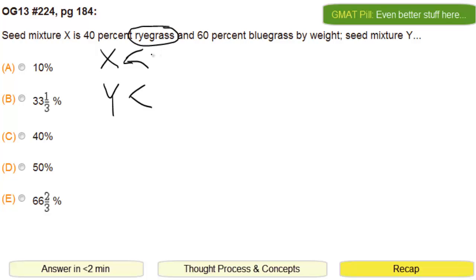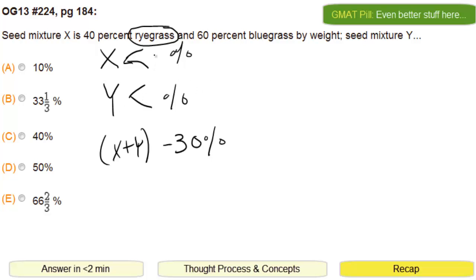There was some percentage for X and some percentage for Y. That gave us the mixture X plus Y, and that gave us a 30% mix. So we had to mix X and Y such that the combination gave us 30% ryegrass in terms of weight. And the question asks us what percent of the total mixture comes from X.